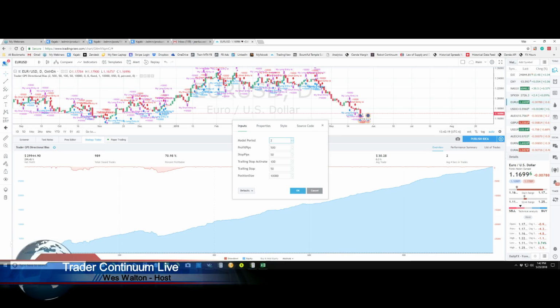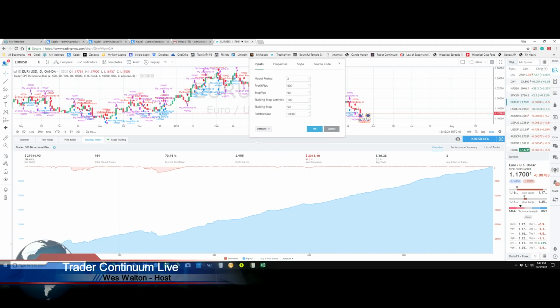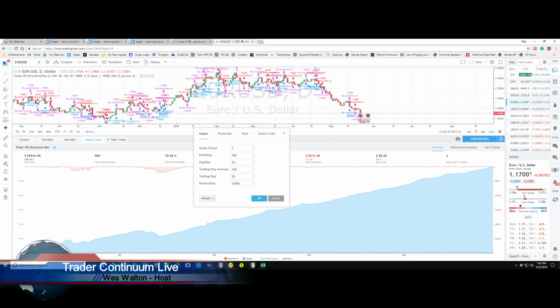I reduced it by half, so I went from 4 to 2. I only changed one thing really quickly, and it created a much better equity curve. So that's not really all that trustworthy. We can't just stick with changing one little thing to make an entirely huge, massive difference. Otherwise, it's just not proper.